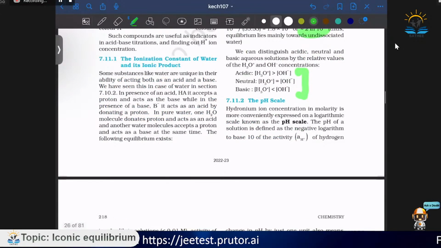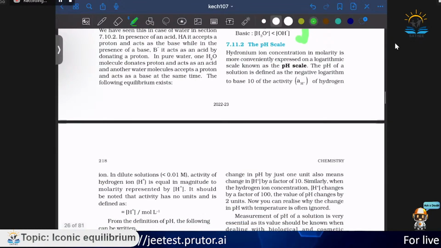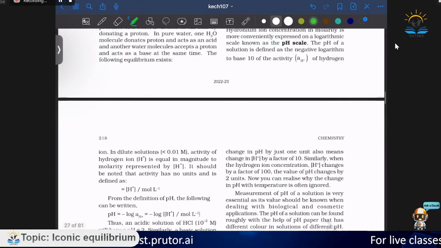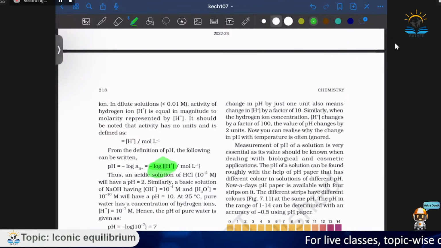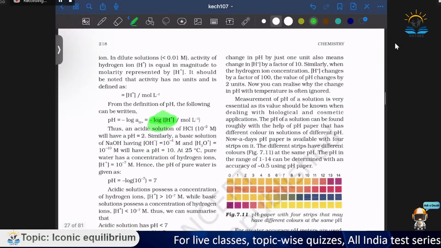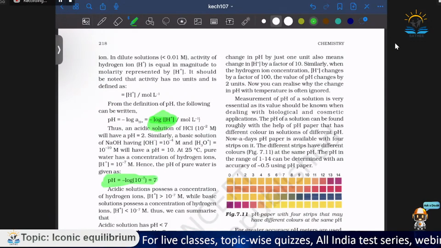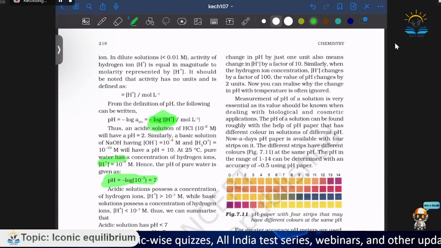Okay, pH scale. How to find out pH? The basic formula for finding pH is this one: pH is the negative of log of the concentration of H plus. For neutral water, this is the pH. From pKw we can find out that if it is neutral water, then H plus will be equal to OH minus, which will be equal to 10 to the power minus 7, and the negative log of 10 to the power minus 7 is 7.